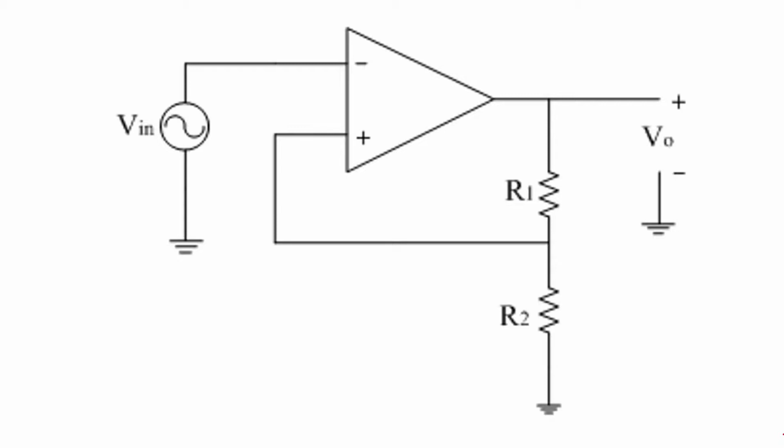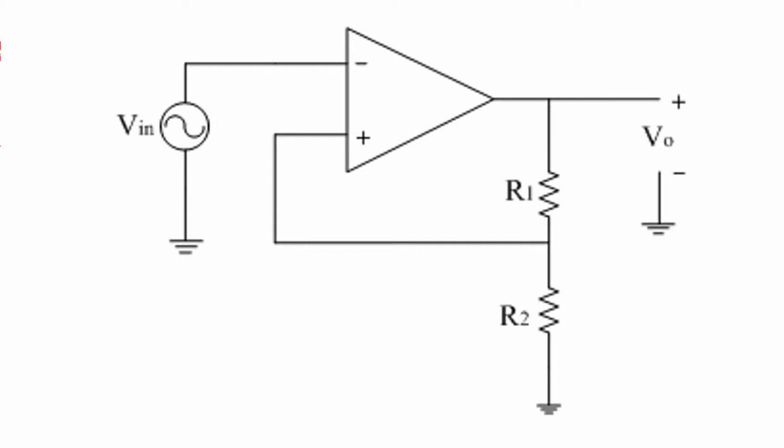Now, if you see a simple Schmitt trigger circuit over here, you have an op-amp with an inverting input, and you have a non-inverting feedback.